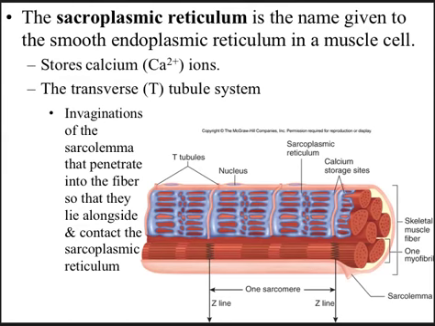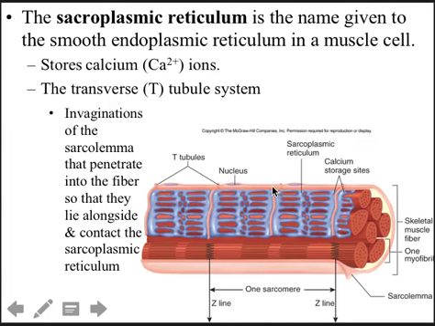Along the muscle cell is the sarcolemma, running along the entire cylindrical surface of the muscle cell, and there are occasional invaginations of the sarcolemma which dip deep down inside the muscle cell called T-tubules.